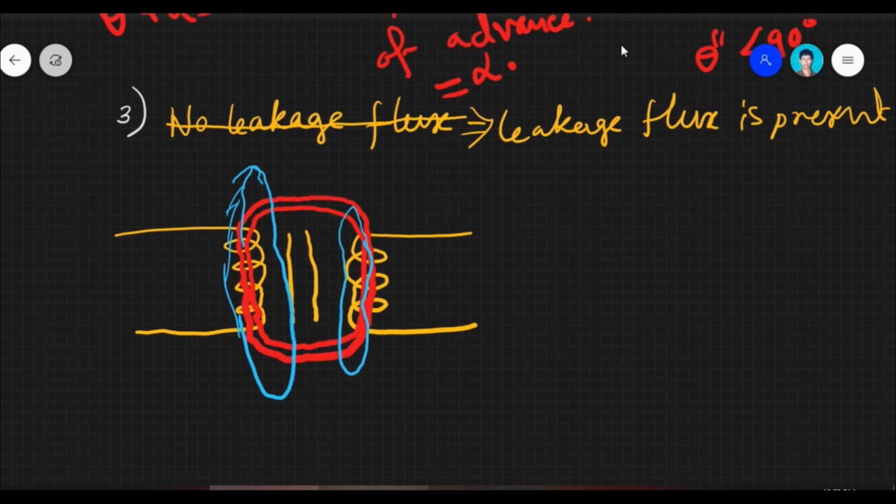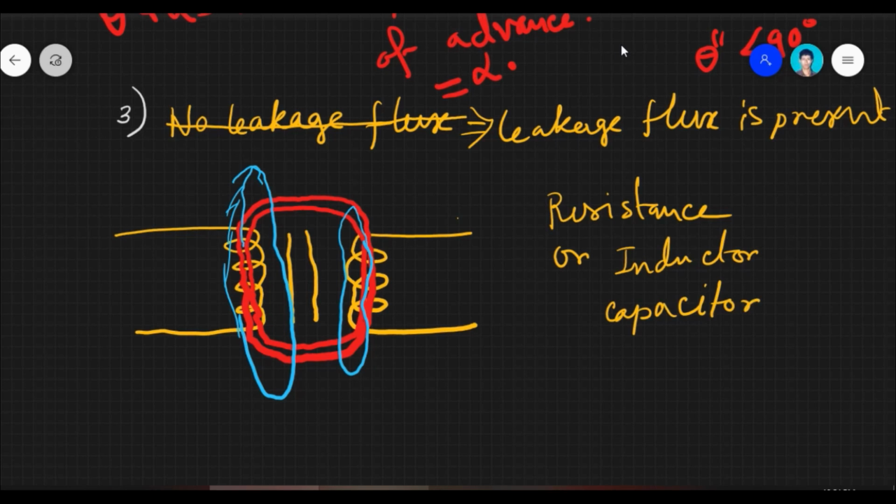Now the problem with leakage flux is that when we are talking about leakage, in order to represent that leakage flux, first of all we have to think whether we need a resistance, or better to say a resistor, or an inductor, or a capacitor.